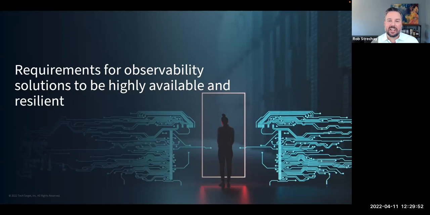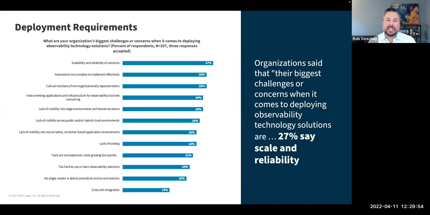Oh, definitely. And I think a big piece of it is if you can't get it up and running, you're in trouble, right? A tool is just a tool, but if you can't implement it, get the metrics and measure it, it really becomes a problem. And this is not surprising at all: scale and reliability during deployment. How do I do this at scale?